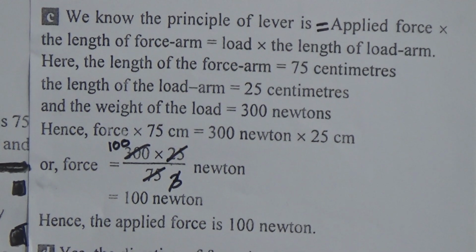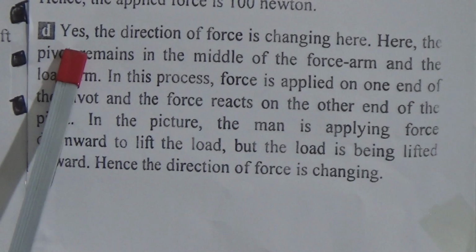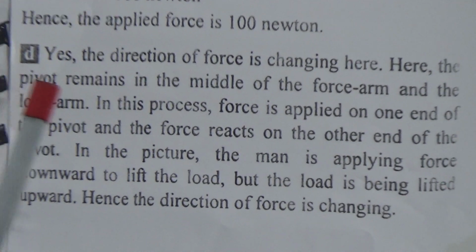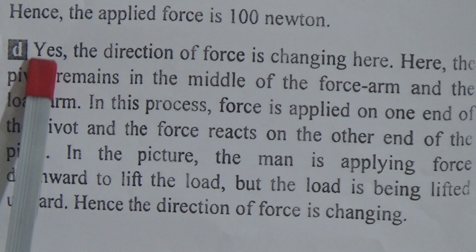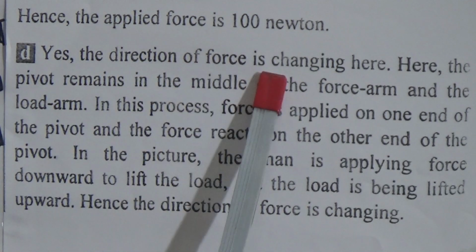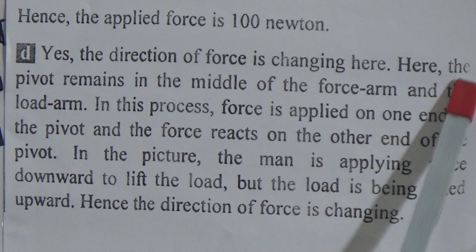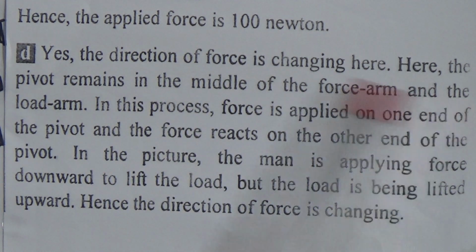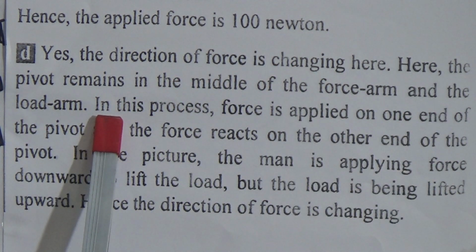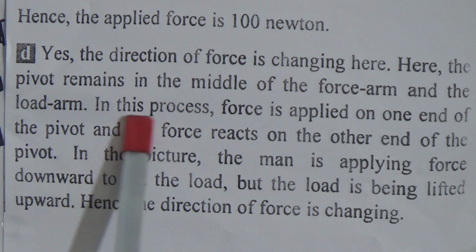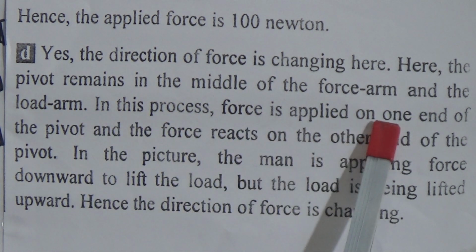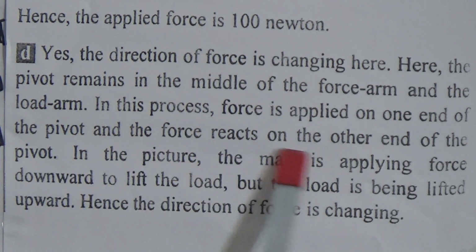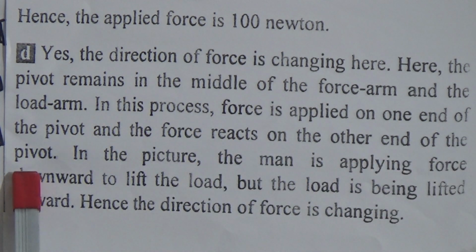Now come to question number D. The question was, in this machine is the direction of force changing? Explain. The answer of D is yes, the direction of force is changing here. Here the pivot remains in the middle, between the force arm and the load arm. In this process, force is applied on one end of the pivot and the force reacts with the other end of the pivot.